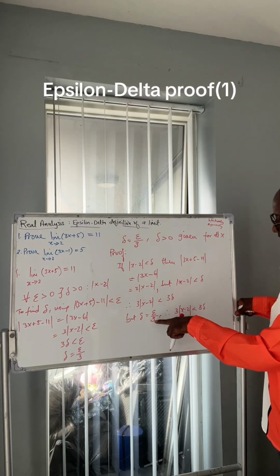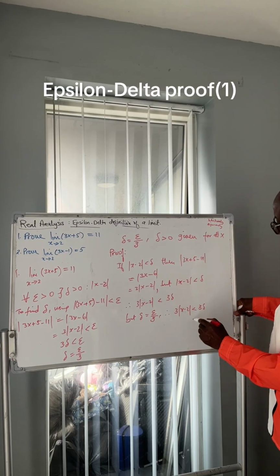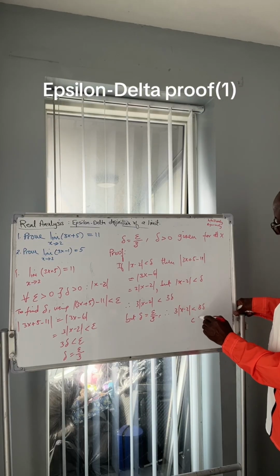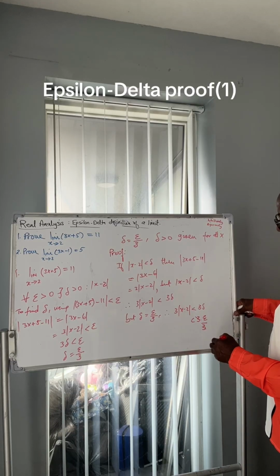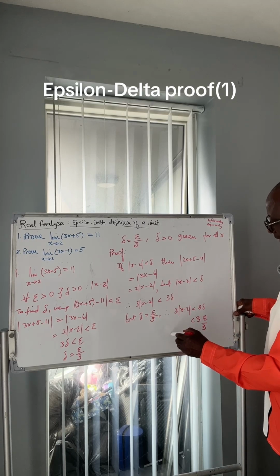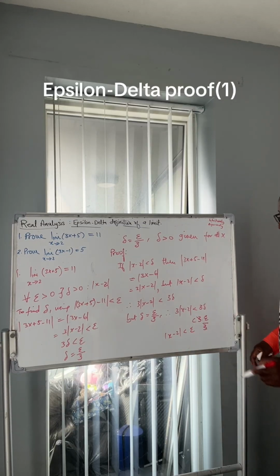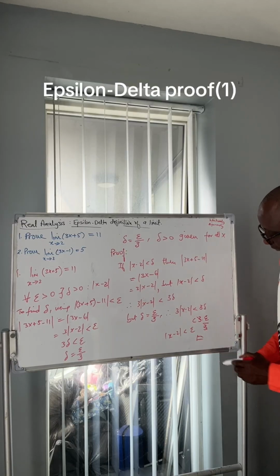Now, because we know the value of delta as epsilon all over 3, we still have our 3, and delta is epsilon divided by 3. So you find out that the 3 cancels. You'll have your equation x minus 2 is less than epsilon. So this ends the proof.